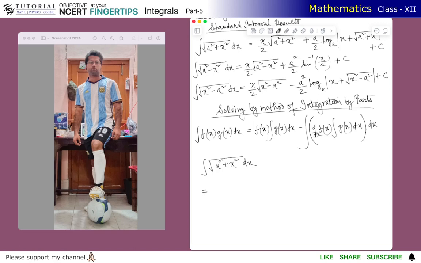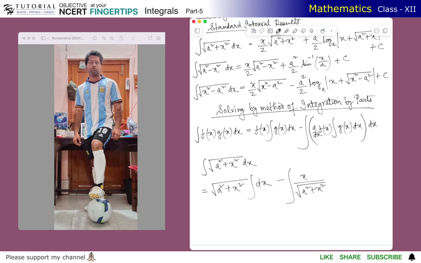If we apply integration by parts, we get root over a square plus x square times the integral of dx, because g(x) is 1, minus the integral of the derivative of root over a square plus x square, which is x by root over a square plus x square.